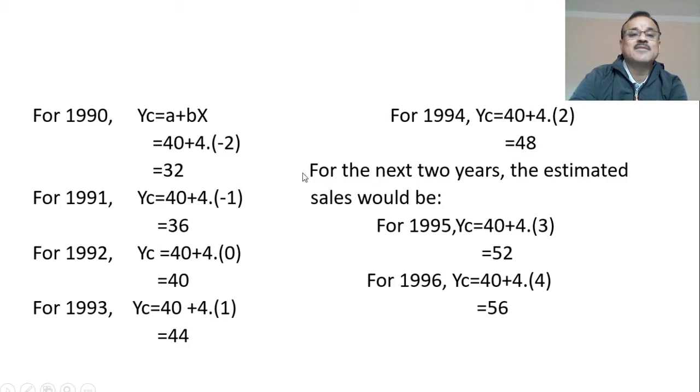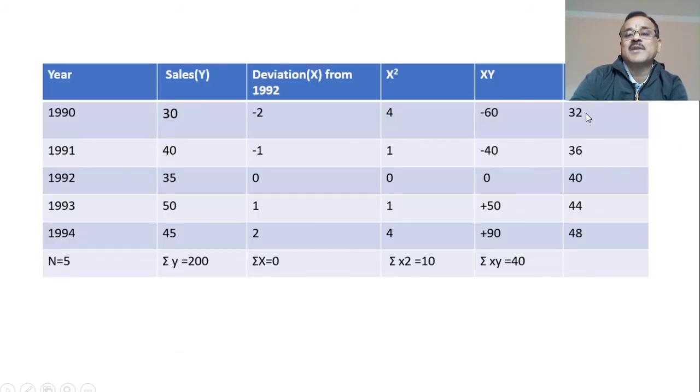So these are the exact values: 1990, 32. 1991, 36. 1992, 40. 1993, 44. 1994, 48. This is what we have placed here: 32, 36, 40, 44, 48.